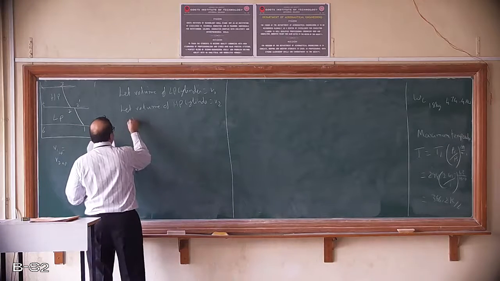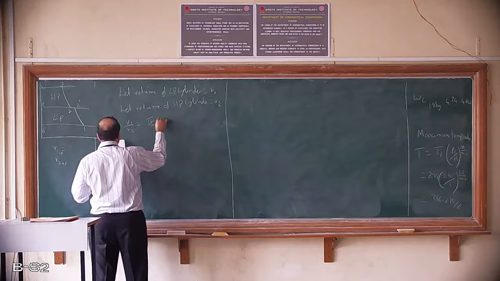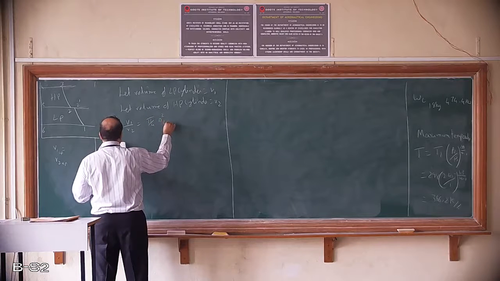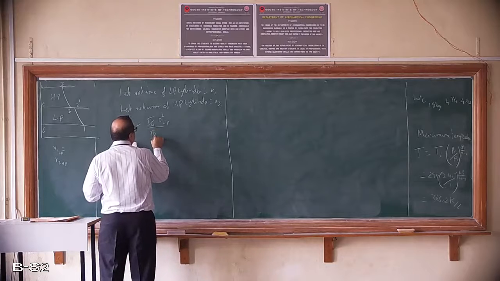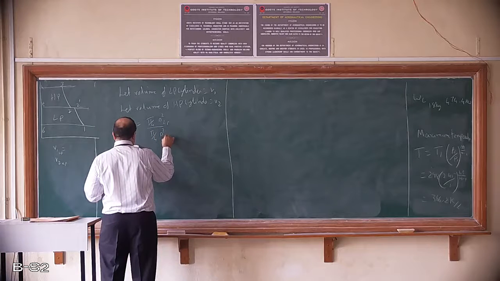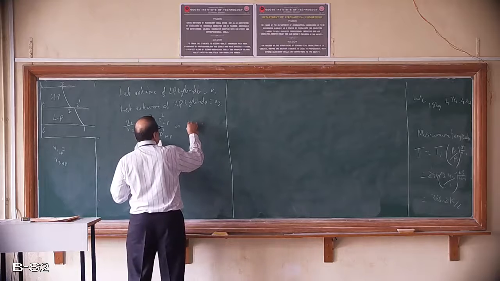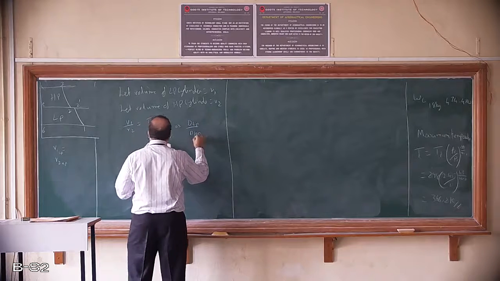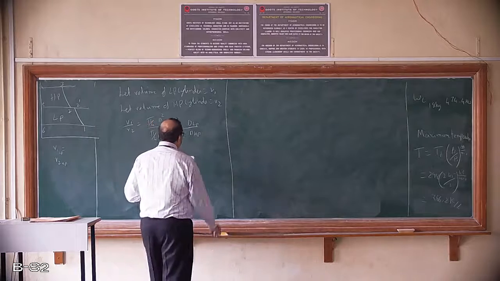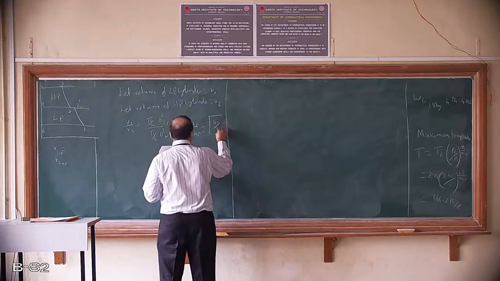So V1 by V2, if you take, what is V1? Pi by 4 d square of LP, and this is pi by 4 d square of HP, or d of LP by d of HP is equal to square root of V1 by V2.